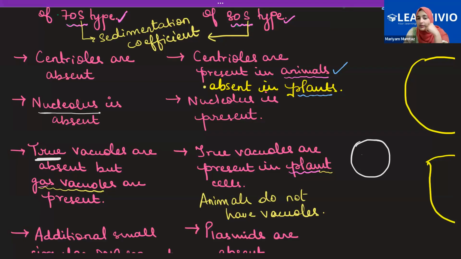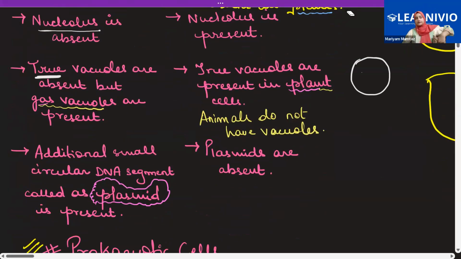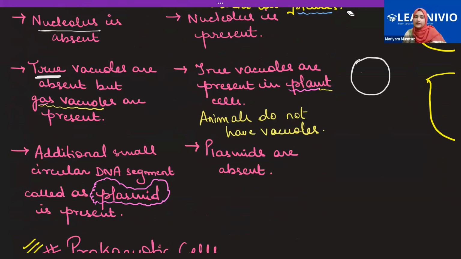Eukaryotes do have a nucleolus. Further, true vacuoles are absent in prokaryotes, but gas vacuoles are present. In eukaryotes, plants have proper true vacuoles, but animals do not have any vacuole.